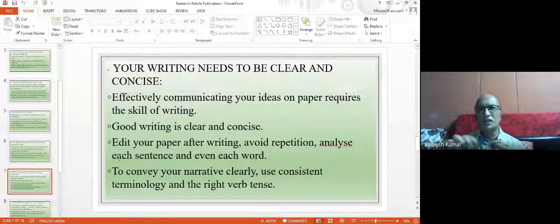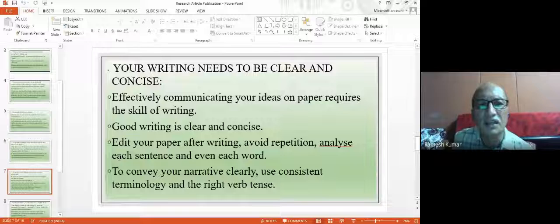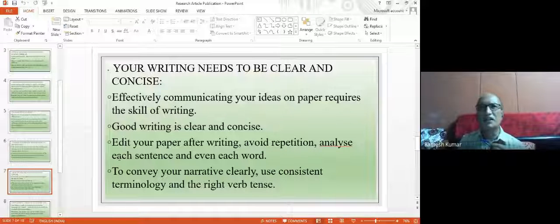Try to represent whatever you have thought about in a proper way, in a few sentences. That's what we mean by effectively communicating your idea. Maybe people may say it is a writing skill that is needed.